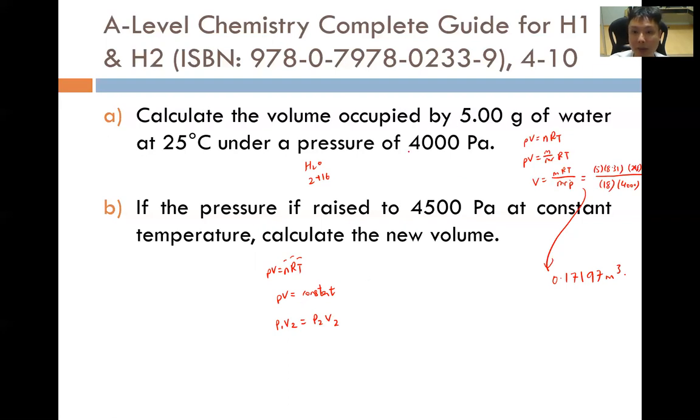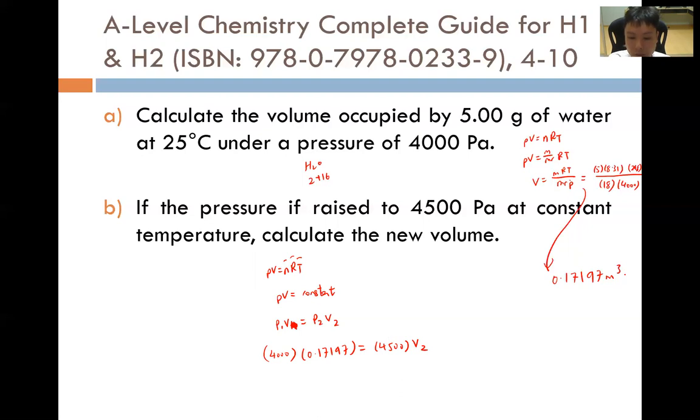In the first instance, the product P1V1 is 4,000 multiplied by 0.17197, which must equal the new pressure multiplied by the new volume. And basically, if we take this multiplied by this divided by this, we'll be able to calculate the new volume.